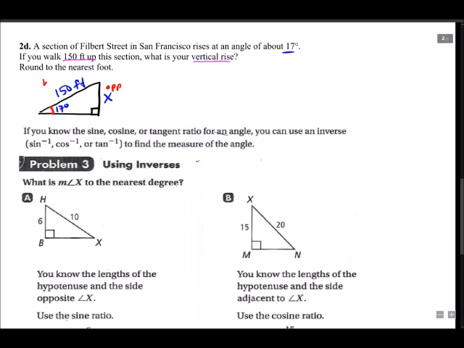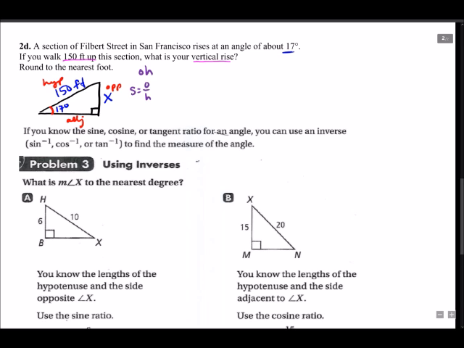Opposite, hypotenuse, adjacent. Which ones do we have? We have opposite and hypotenuse. So we're going to use sine.